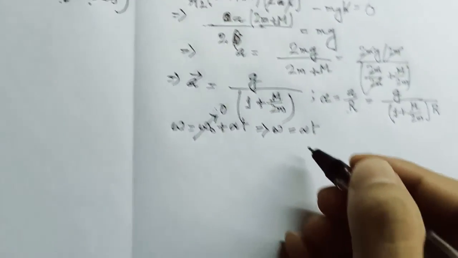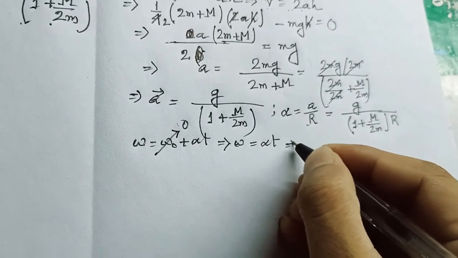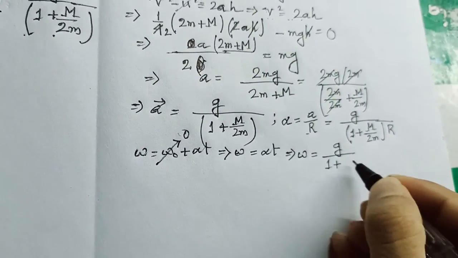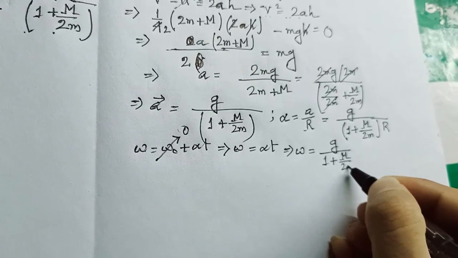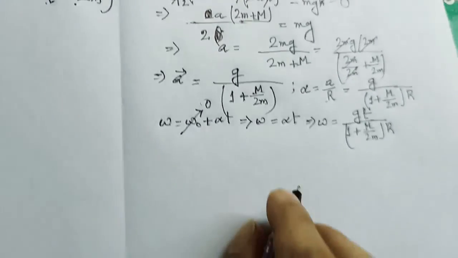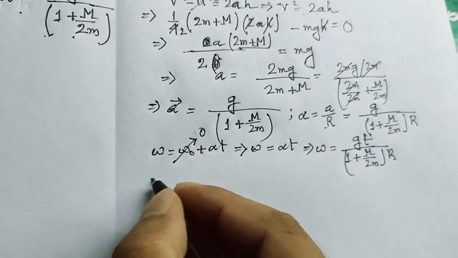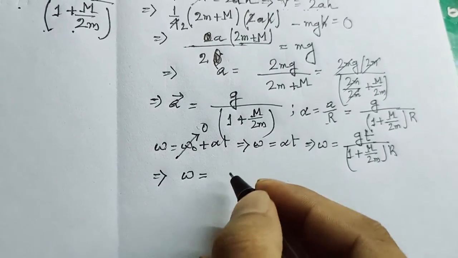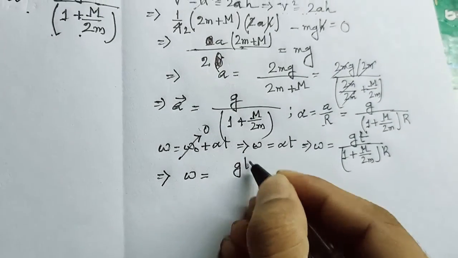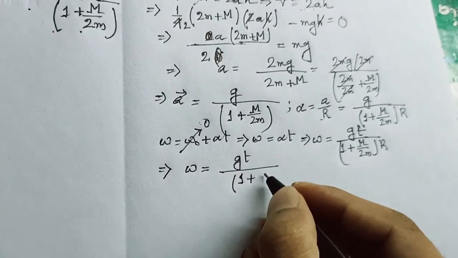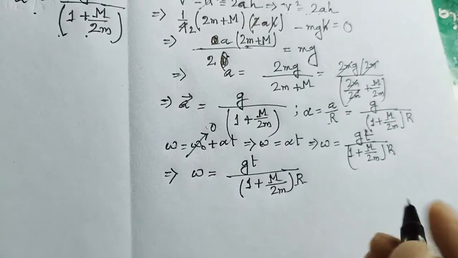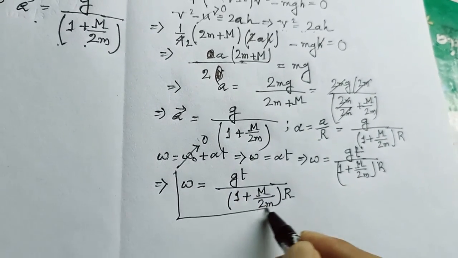If we put the value of alpha in this equation, then omega will be equal to g t divided by 1 plus capital M divided by 2 small m, multiplied by r. So this is our required value for angular velocity.